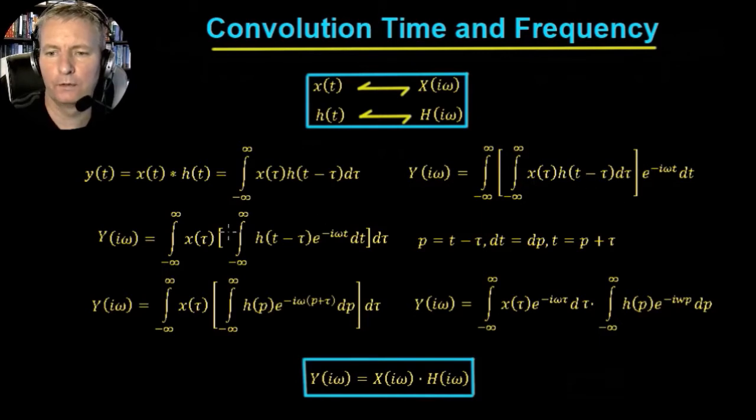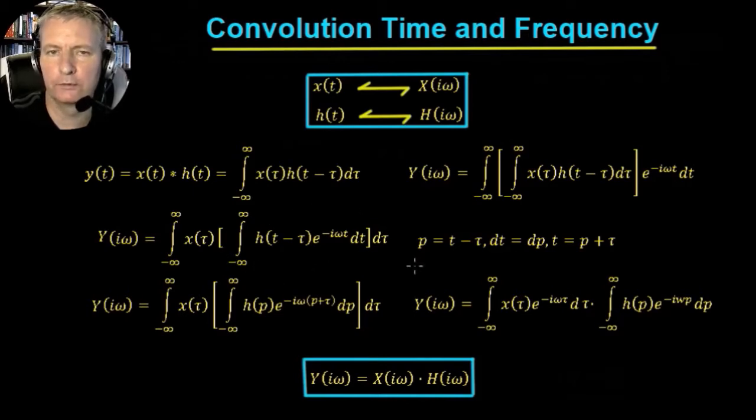Now we can take the x of tau out of this first integral, because tau is not a function of t, so we can put it outside. We'll have the integral from minus infinity to infinity of x of tau, and at the end our d tau, and what's left over in the centre.